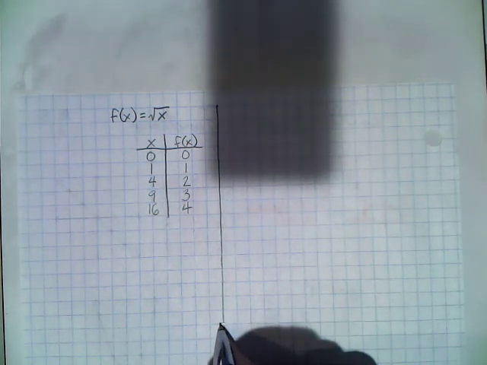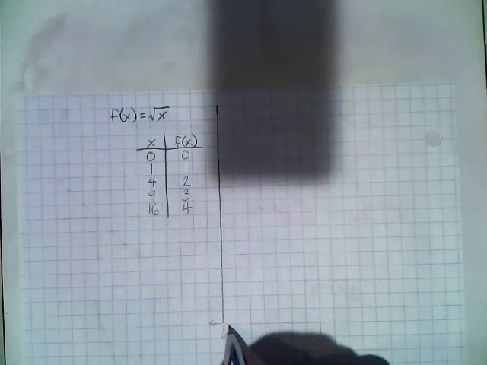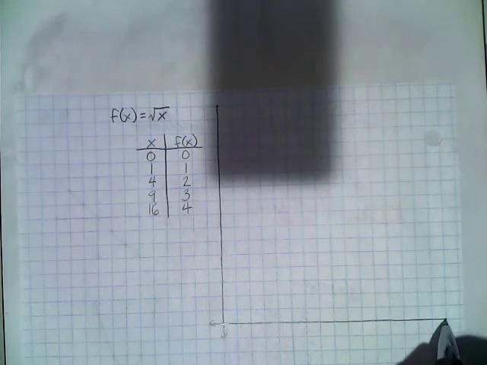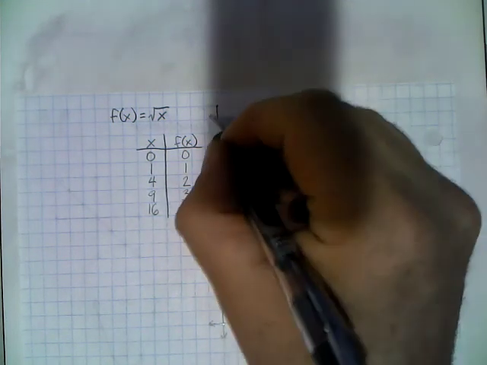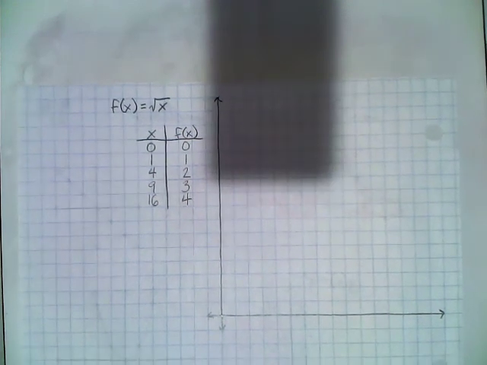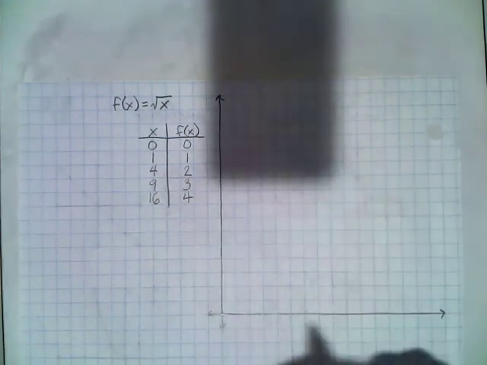Now, I'm going to do the same thing here for the negatives, and then come over 1, 2, 3, 4, 1, 2, 3, 4, 1, 2, 3, 4, 1, 2, 3, 4. And I hope I counted that all out right. So I'm just going to focus on the first quadrant.